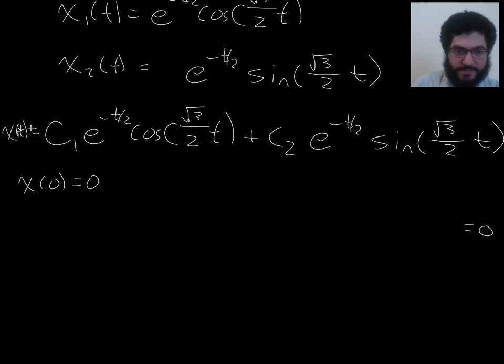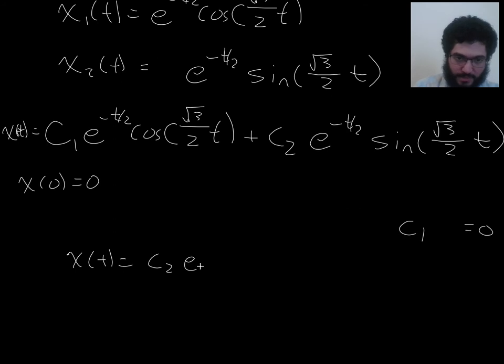The other term, cosine of 0 is 1, and e to the 0 is 1, so I just get c1. So that is a nice initial condition, x of 0 equals 0. That initial condition kills off a whole term here. So now I'm left with x of t equals c2 e to the minus t over 2 times sine root 3 over 2 t.